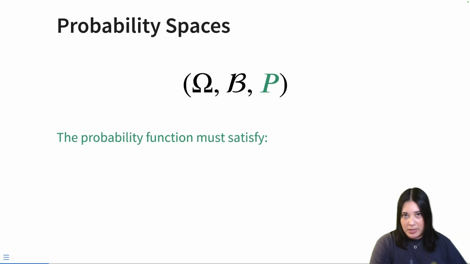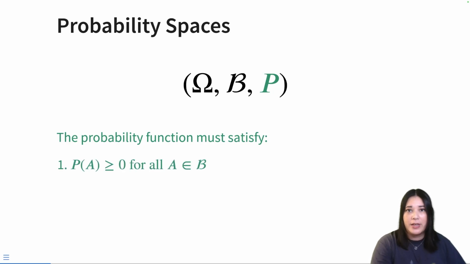So just like our event space had to fulfill a couple of rules, so do probability functions. The rules that probability functions must satisfy include the following. First, the probability of every single event in our event space has to be 0 or greater. And that makes sense.